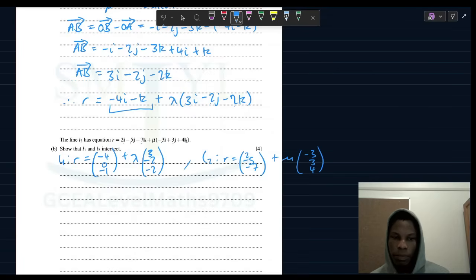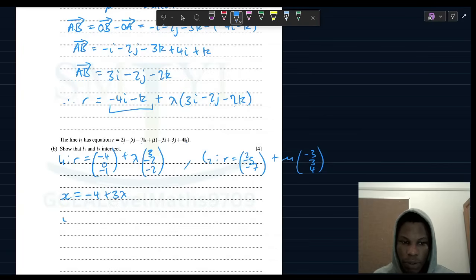And from here, I want us to write the parametric equations of our lines. For L1, the x component is -4 plus 3 lambda. The y component is 0 plus lambda times -2, so -2 lambda.